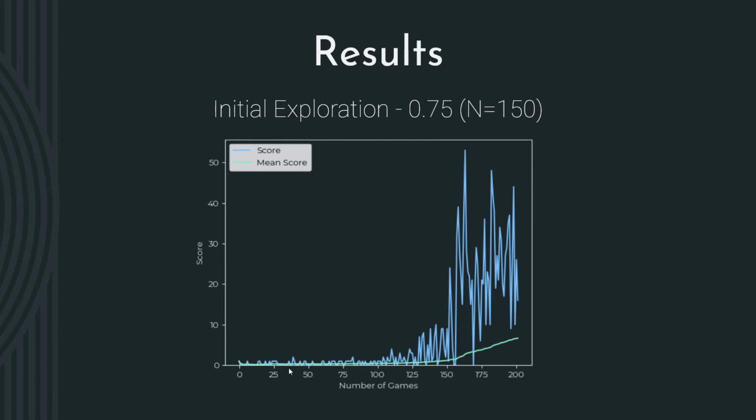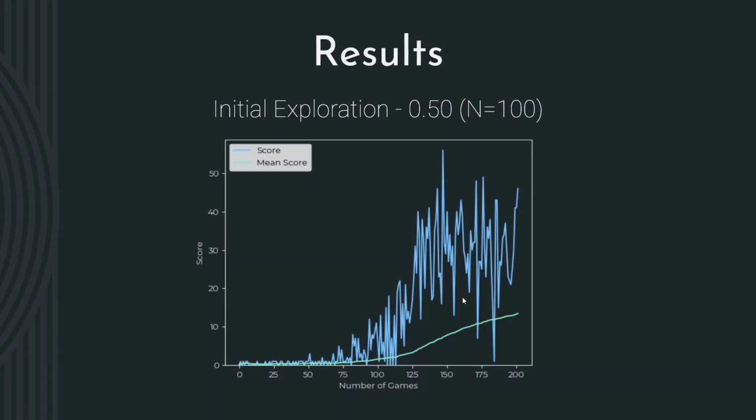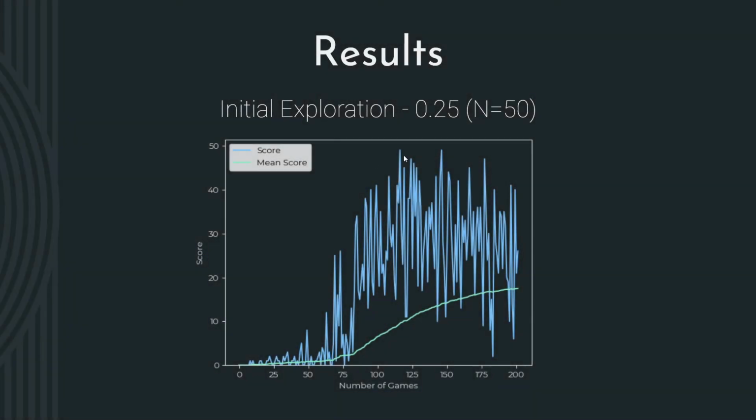You can see it takes way longer. It takes almost 150, 160 games for it to get good, but it shoots up from almost nothing to well over 50. This looks like 52, 53, a record of 53, which is significantly better than our initial exploration rate of 0.25.